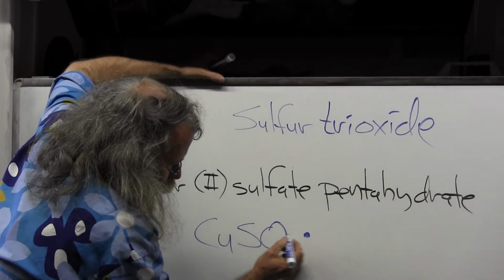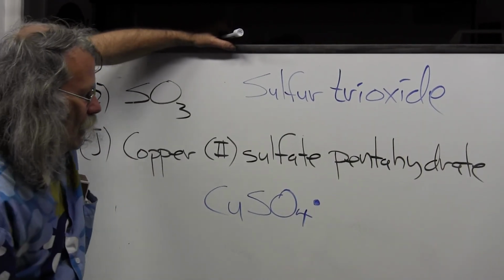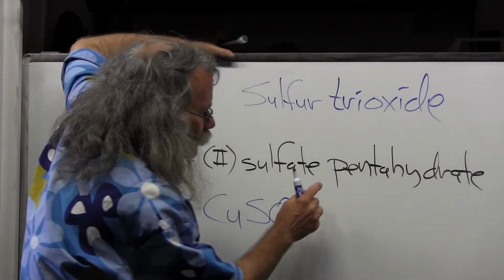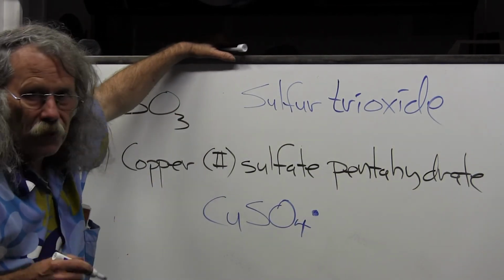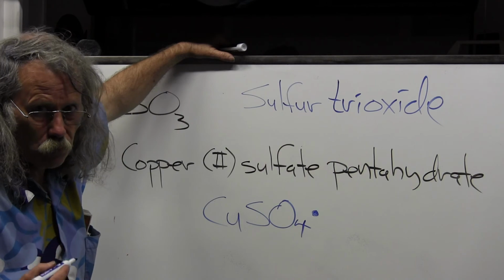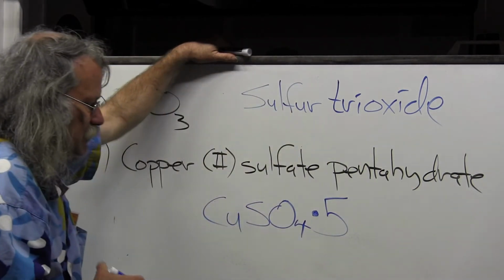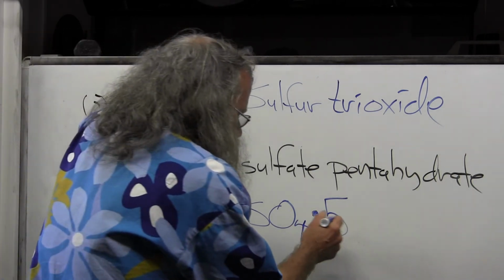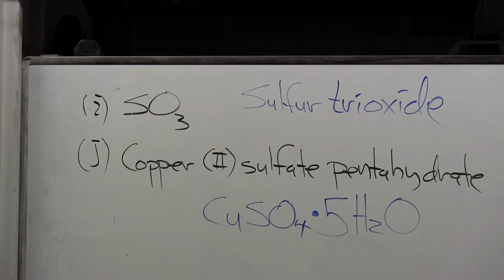It is actually right around midstream, and it's a big dot. It's not a decimal point. And then I'm going to use the Greek prefix denotes 5, and I'm not going to write it as a subscript or a superscript. I'm going to write it as like a stoichiometric coefficient. So this is a shorthand way of saying that, and then I have 5H2O. So that is the way I would denote copper 2 sulfate pentahydrate. And that's the nomenclature.